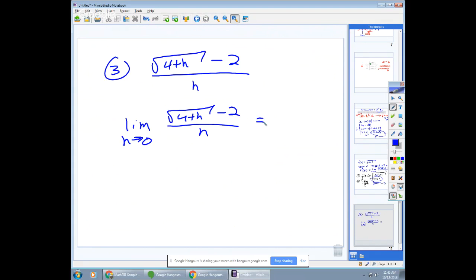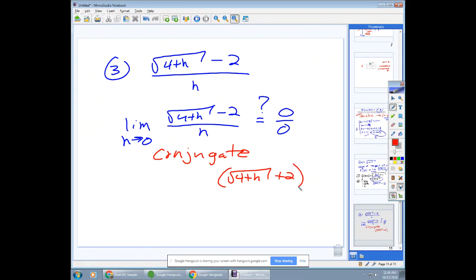I get 0 on top and 0 in the bottom, which means I need to do something different. Multiply by the conjugate. So that means I'm going to have the square root of 4 plus h plus 2 in the top and the bottom.